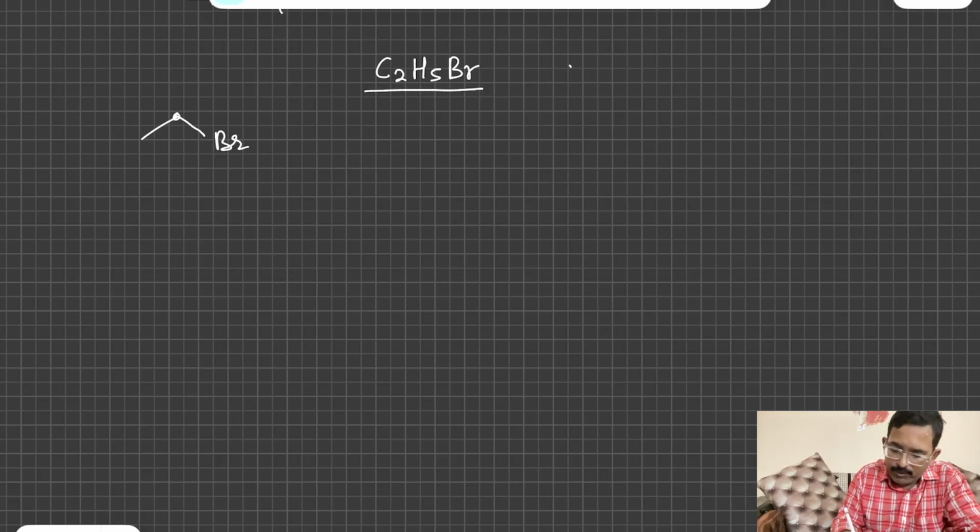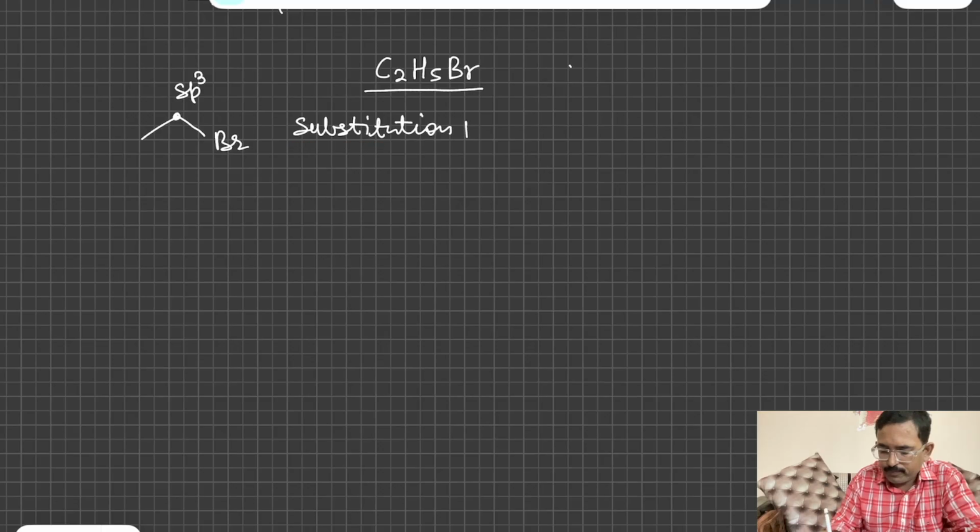The carbon in which halogen is connected is sp3, and all those compounds having sp3 carbon preferably show substitution reactions.